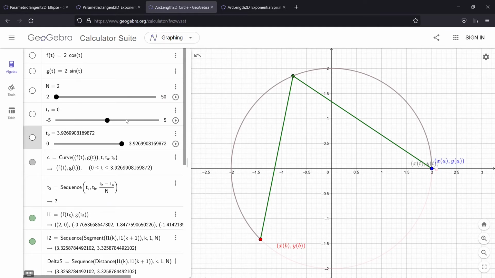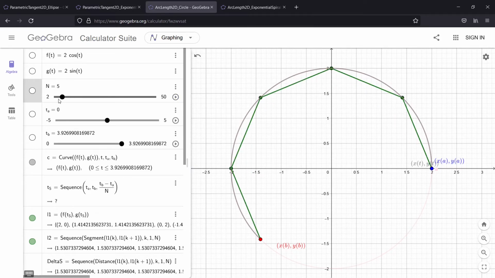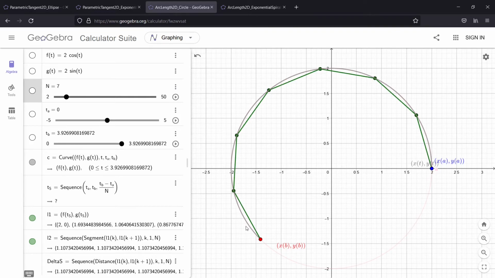Geometrically, you can see clearly that if I add a point to the partition, our delta s_k for each one of these, delta s1, delta s2, delta s3, is getting much nicer and more approximate to the actual length of the curve, and even more so if I had 4, 5, 6, or 7 total segments in the partition. So that n here is the number of segments of the partition.